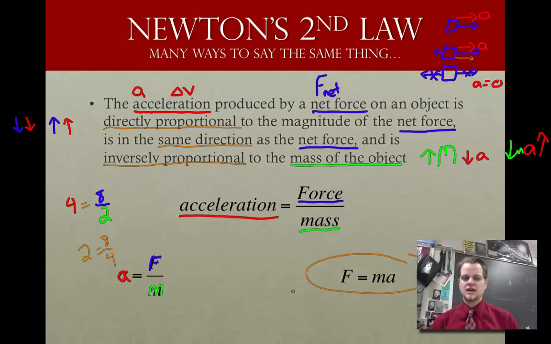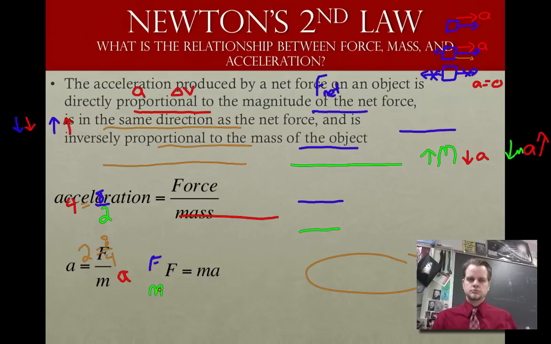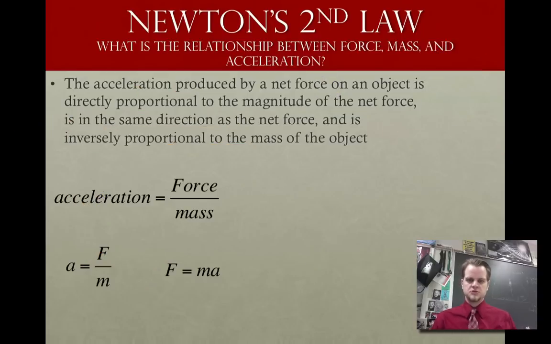It's really just saying that the more force you apply on an object, the more it'll accelerate. And the more massive the object is, the less it will accelerate. That's really what it's saying. There's really not much more to it than that.